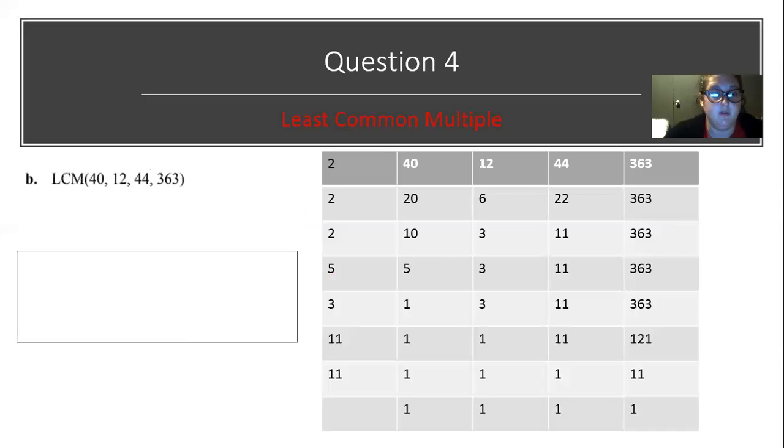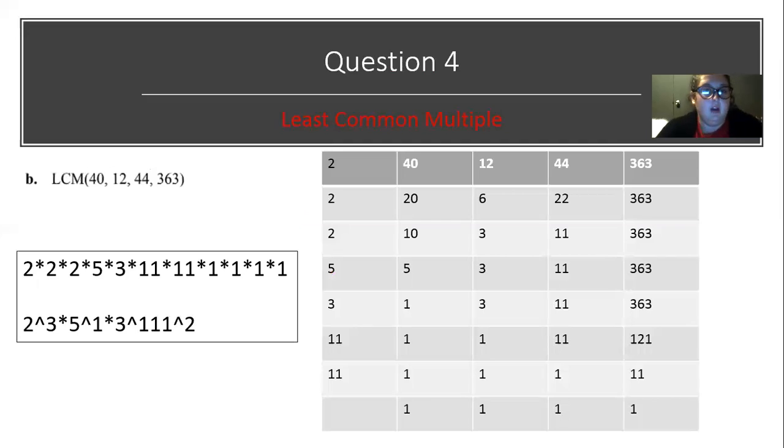All right, let's move on to part B, which is 40, 12, 44, and 363. So we've got this whole chart filled out, and as we can see, we've got on the left-hand side our prime form of 2 times 2 times 2 times 5 times 3 times 11 times 11.